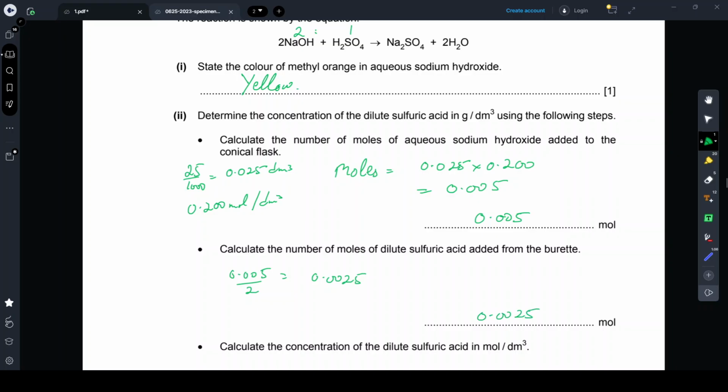But do we need to write the 0 after 5? Do we have to write the 0 after 5 as well? For which 5? 0.00250. Well, that 0 doesn't really mean anything. Okay.